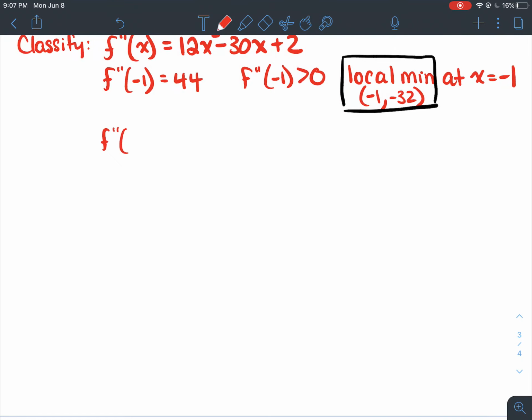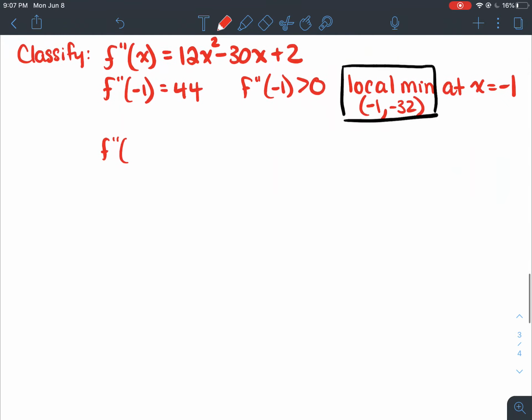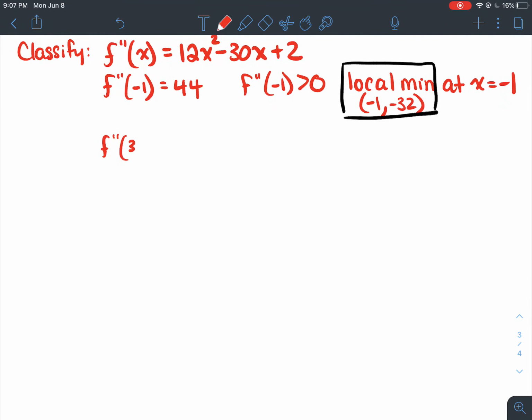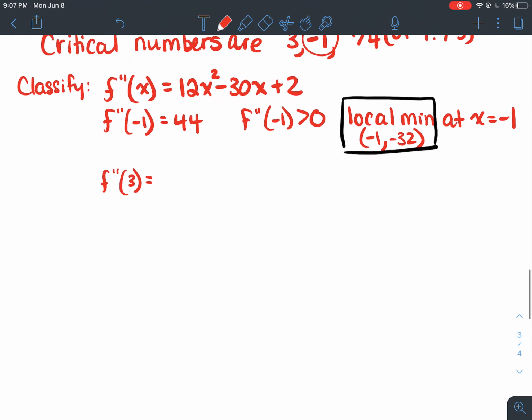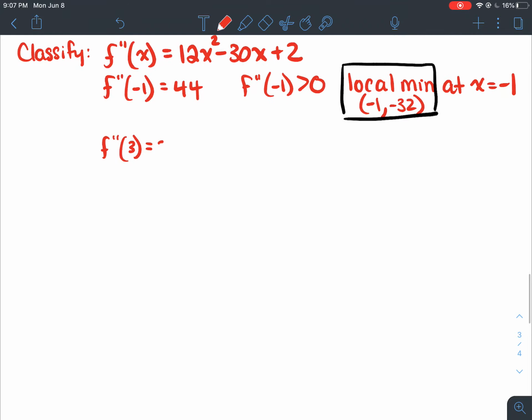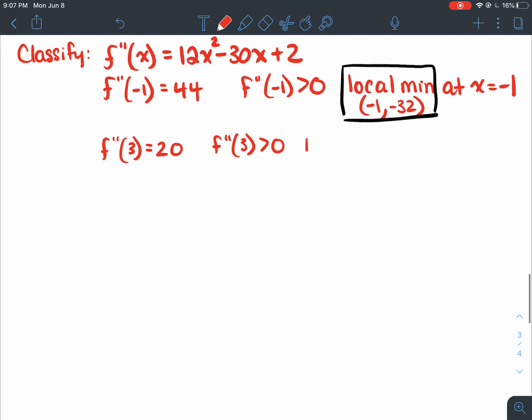Now we need to do the second derivative for 3 and 1.75. If we sub 3 into that second derivative equation, it's going to equal 20. So since the second derivative is greater than 0, we've got ourselves another local minimum at x equals 3.